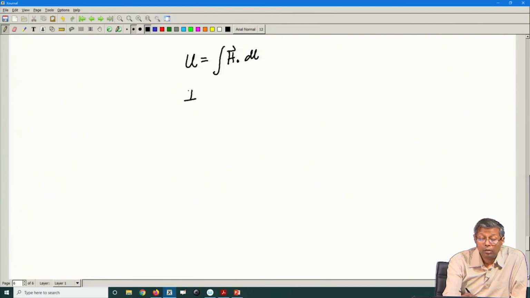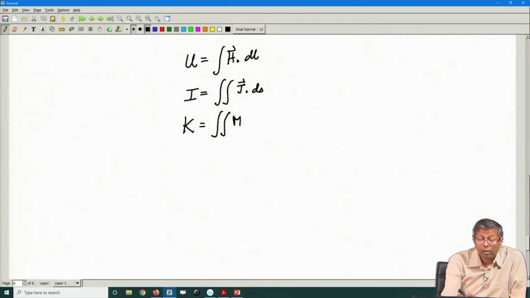Then, by the same token, I is equal to J dot dS and K is equal to M dot dS.